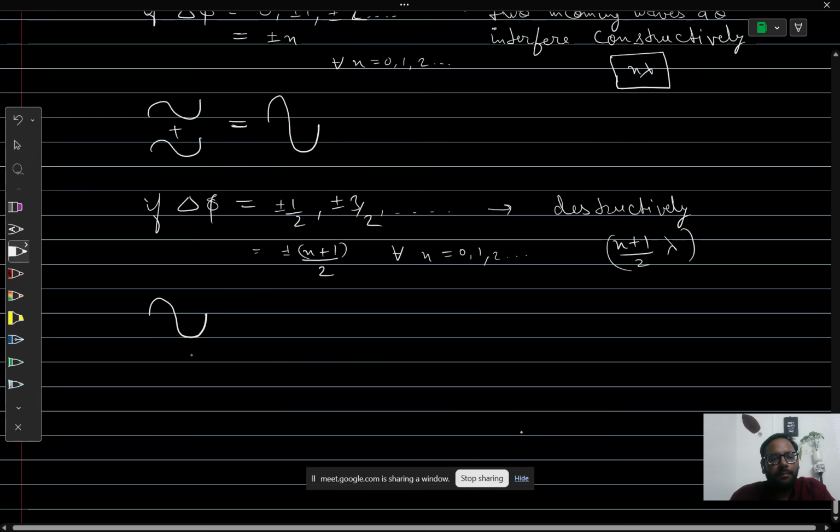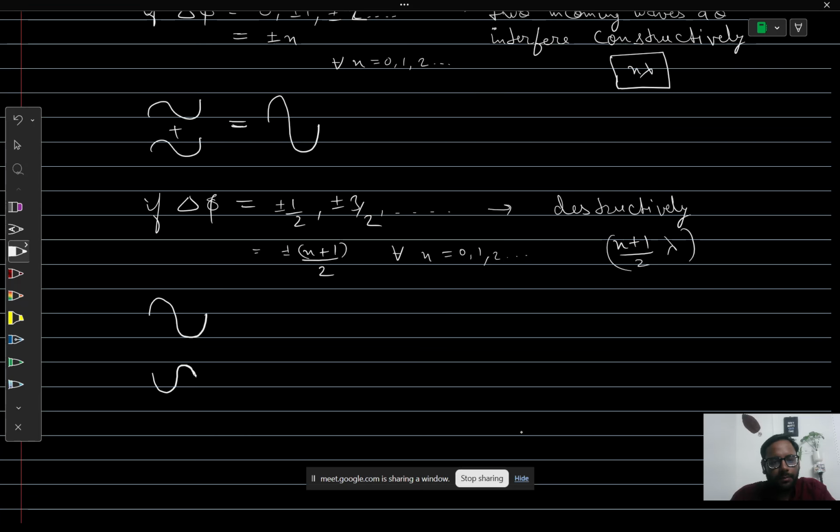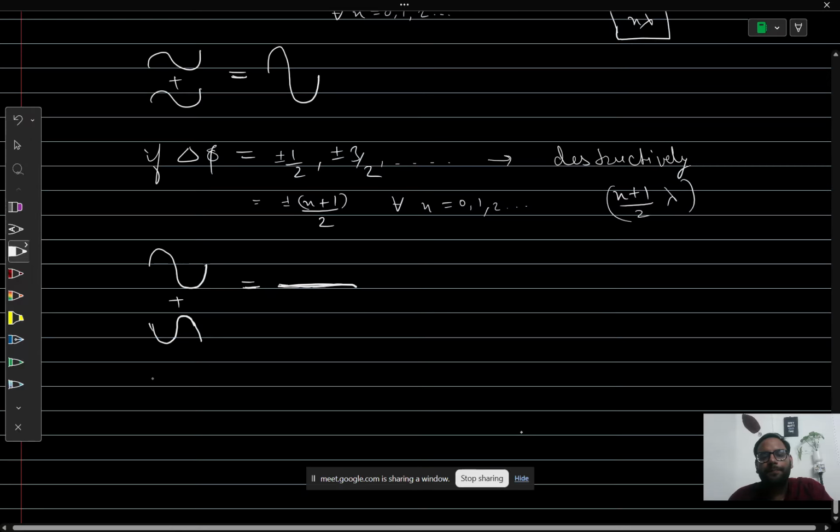And if they combine like this, in opposite phase, this will be a flat line, right? This will be a flat line because all of its points are just opposite.